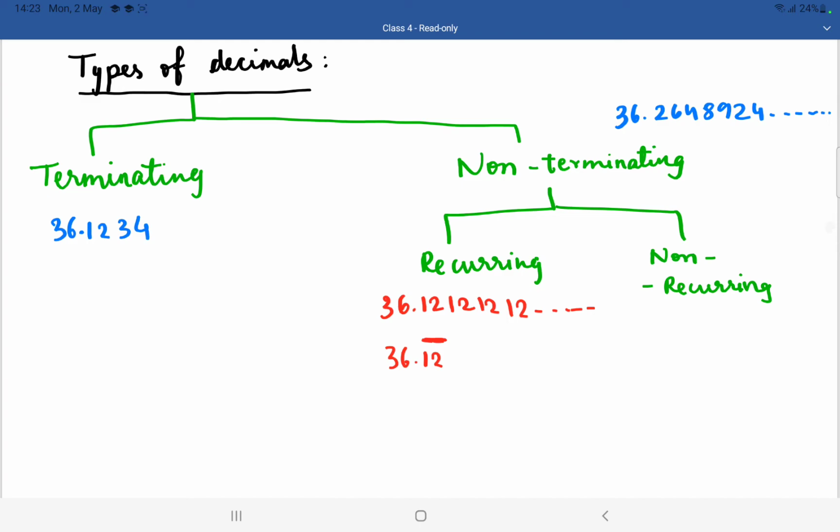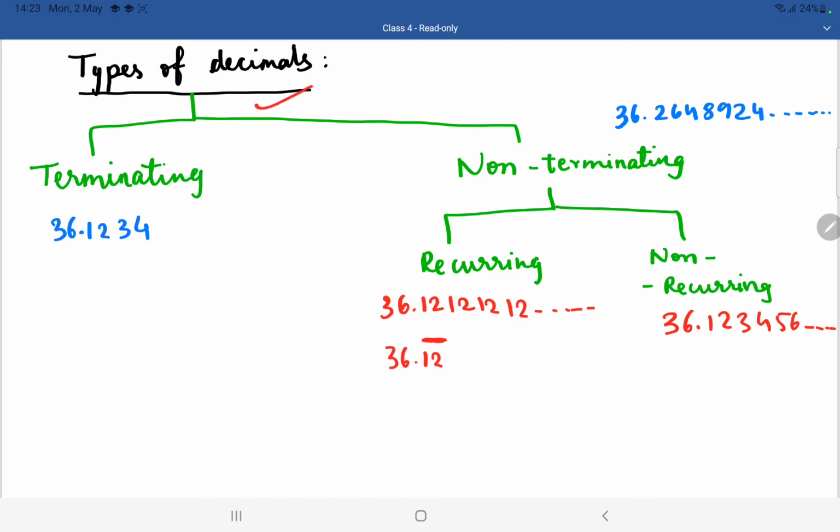Coming to non-recurring decimals, there will be different numbers. The same numbers will not repeat again and again. There will be different patterns of numbers, but this is also going till infinity.